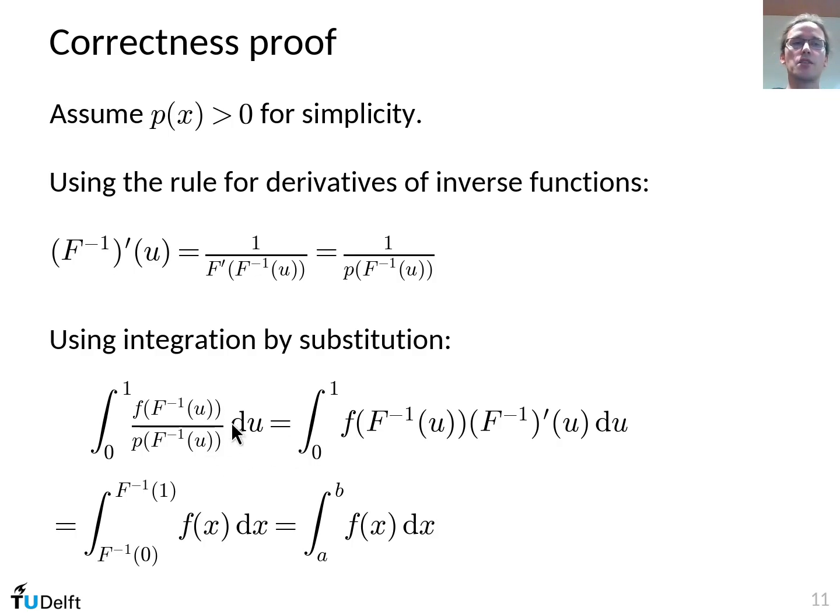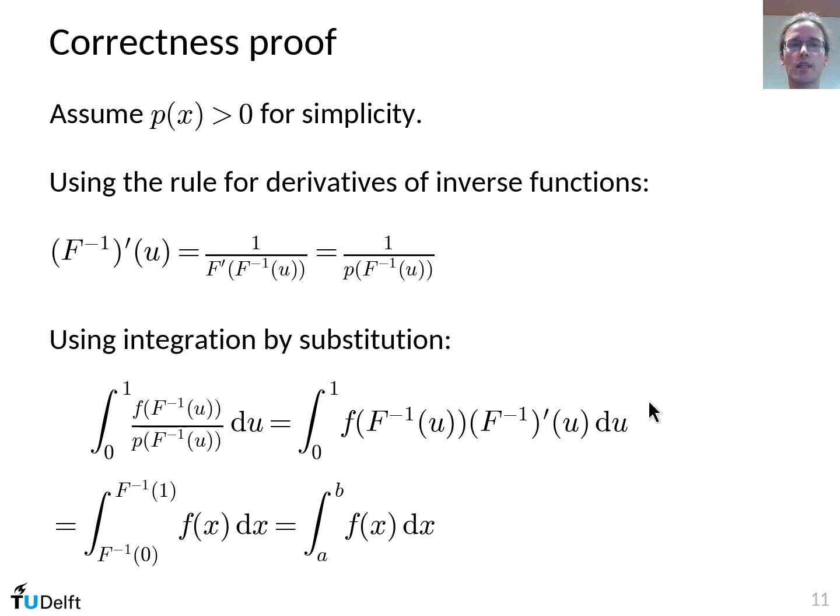Then we can use the rule for the derivative that we derived just now and replace this by the derivative of the inverse CDF. And with that, we have got something that allows us to use integration by substitution. We have the inverse CDF here, and then here we have the derivative of that.